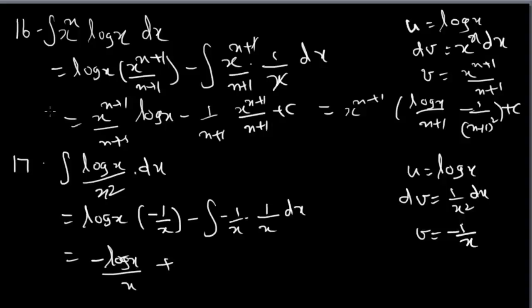Integration of 1 by x squared is minus 1 by x plus c. So, minus 1 by x you take as a factor, then you get log x plus 1 plus c. Here minus sign is there, but x squared is not there.